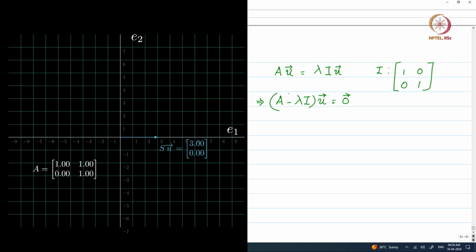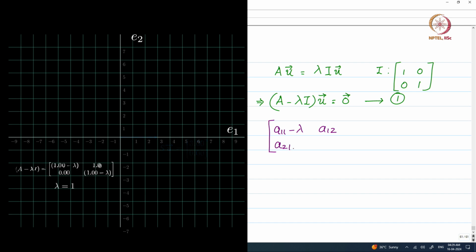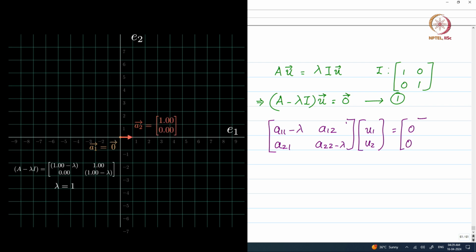Now, if you look at this expression carefully, let me call this equation 1. If you look at equation 1 carefully, this A minus lambda I is yet another 2 by 2 system, which is going to be like this: A11 minus lambda, A12, A21 and A22 minus lambda, times u1 u2, is equal to 0 0, right.